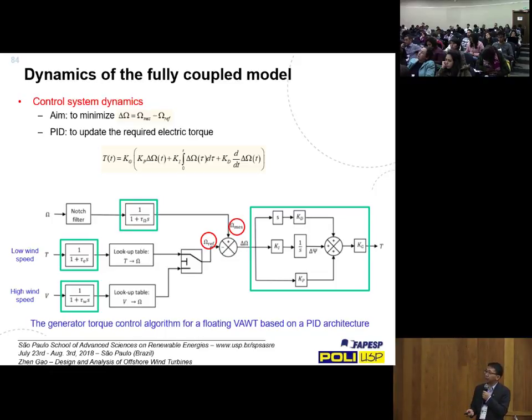And here we actually try to use generator torque control, so that you have to measure the wind speed coming to the rotor and also measure the rotor speed, then identify the operational region for the particular turbine. And then the controller is trying to minimize the difference between the actual rotation speed and the reference value for that particular operation mode. And this is basically using a PID controller to regulate.